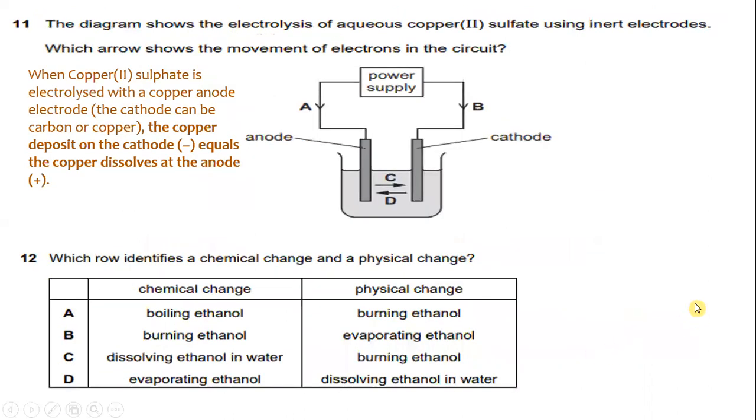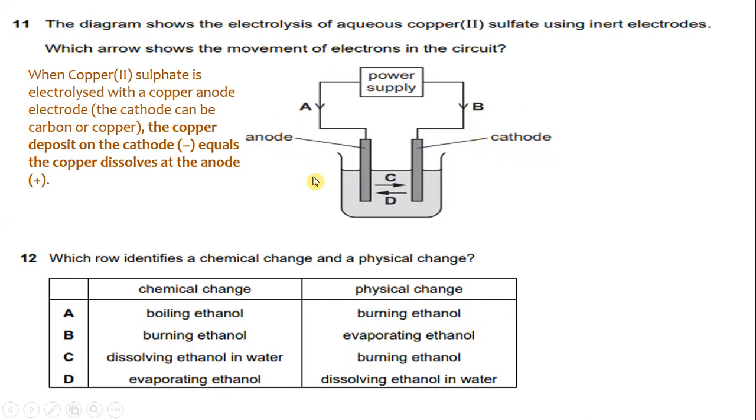Let's look at the diagram that shows the electrolysis of aqueous copper 2 sulfate using inert electrodes. Which arrow shows the movement of electrons in this circuit? Even though there is no indicator to show you which is positive and negative, in this case the cathode represents negative and the anode represents positive. Let's look at this explanation.